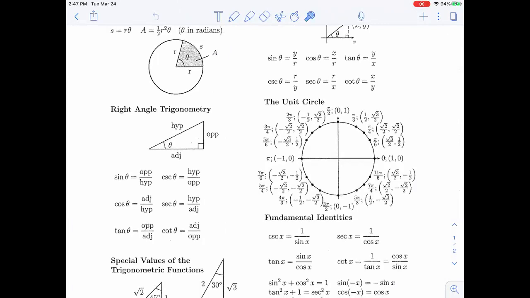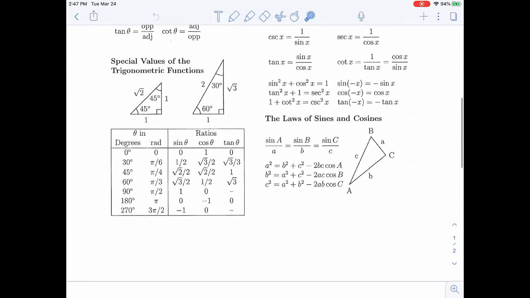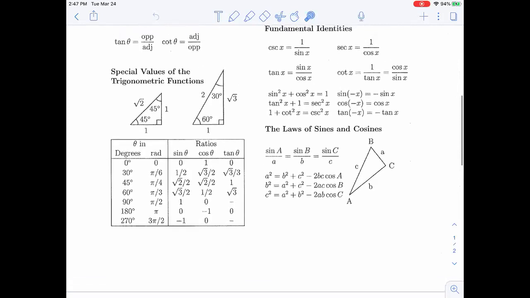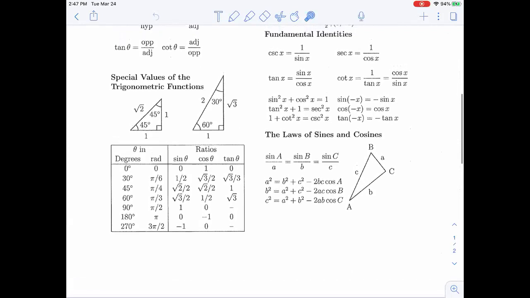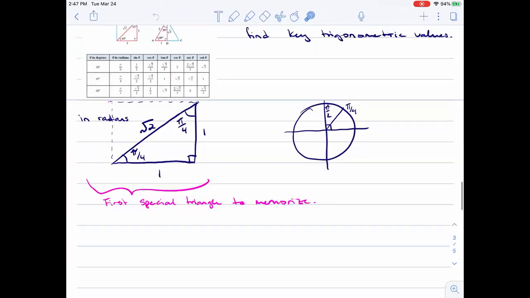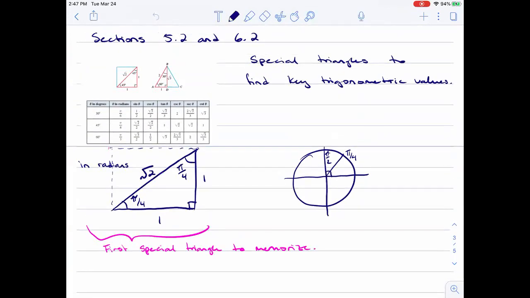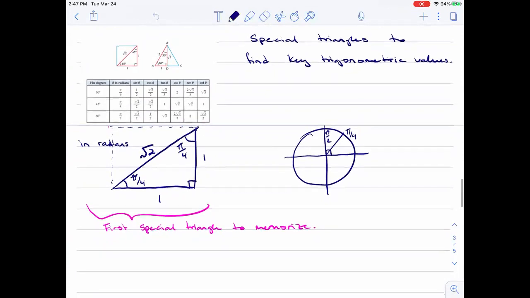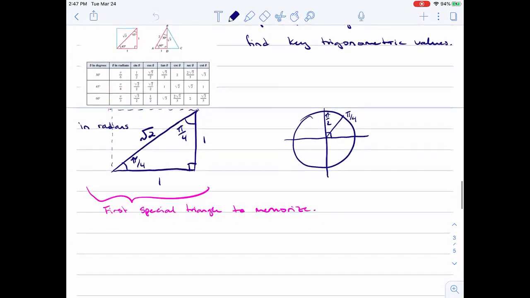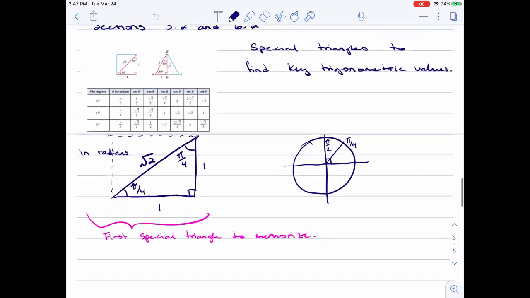It is root 2 over 2. Here, I'll show you guys what I'm hung up on here. Because if we look at the next triangle, sine should be opposite over hypotenuse. Oh, never mind, I'm on it.